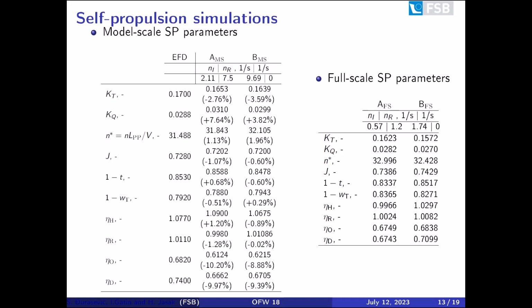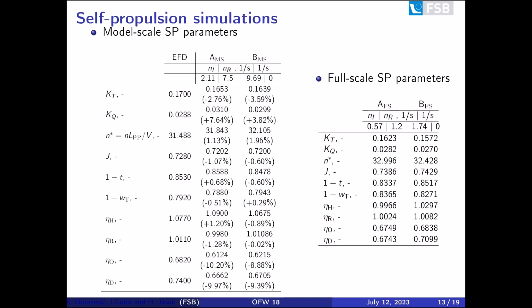Difference between model and full-scale thrust and torque coefficients is mainly due to different flow distribution at the propeller plane and average inflow velocity. Due to larger effective wake, propulsive efficiency is larger when compared to model scale.